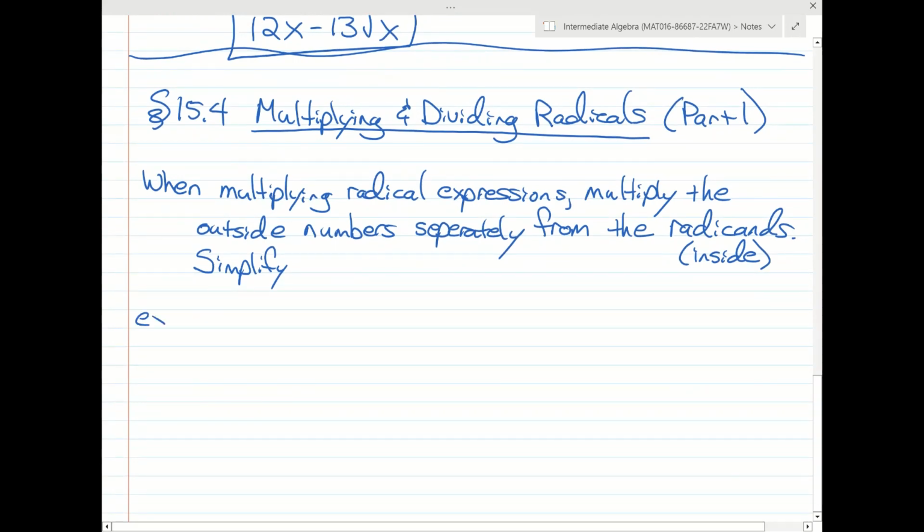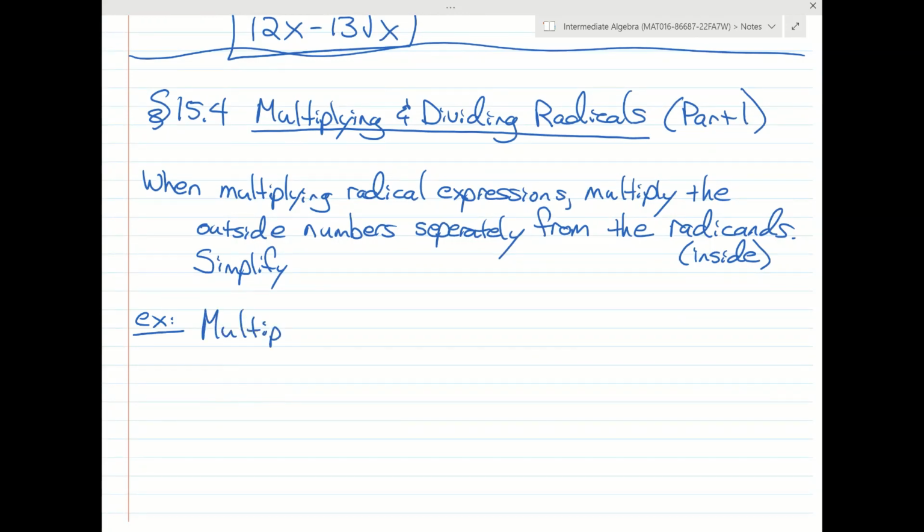Let me show you some examples here. What we're going to do first is multiply and simplify.